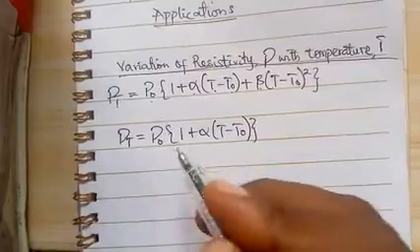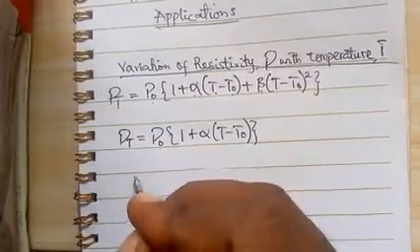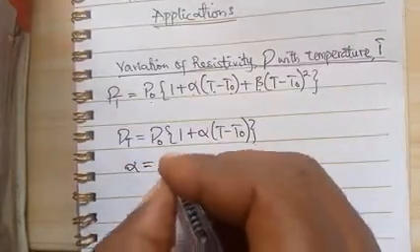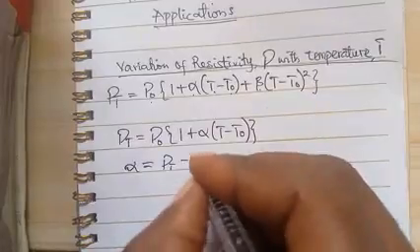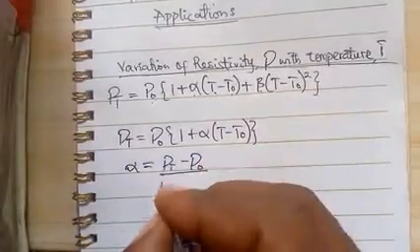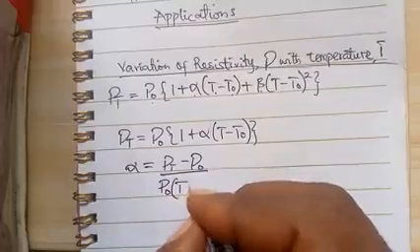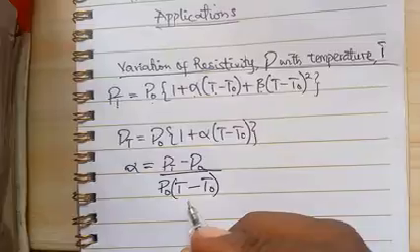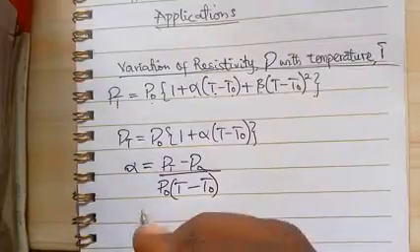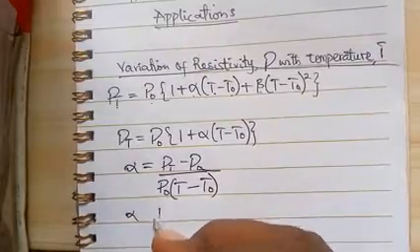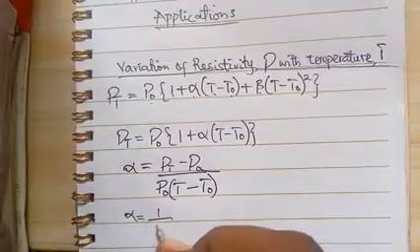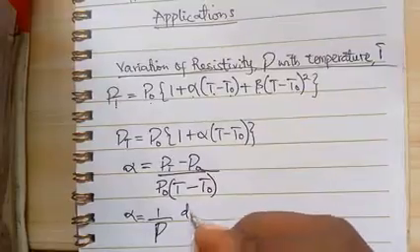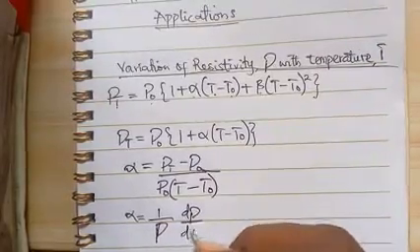From the above equation, we can make alpha the subject of the formula, having that alpha is equal to rho T minus rho naught over rho naught into T minus T naught. You can also write that alpha is equal to 1 over rho naught times d rho over dT.